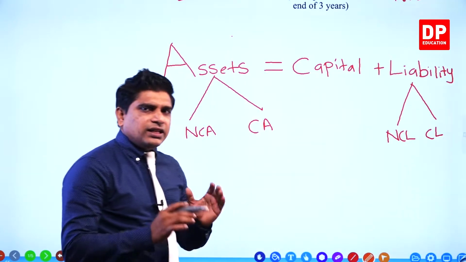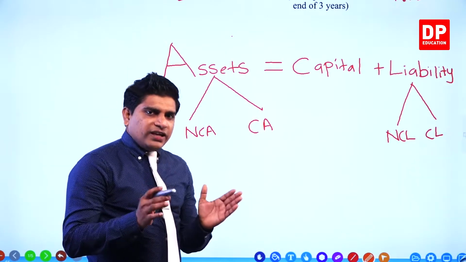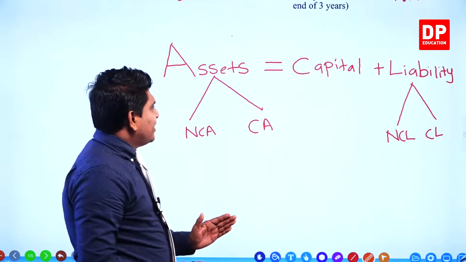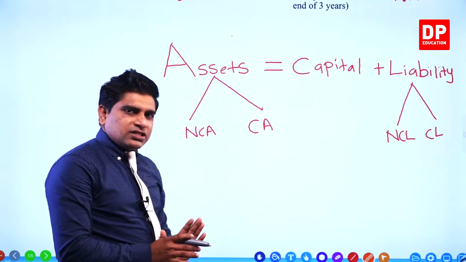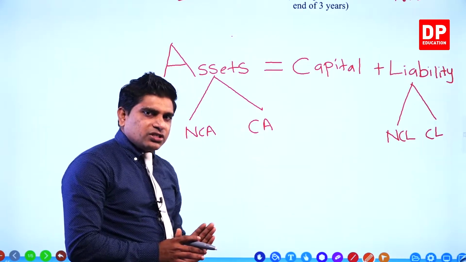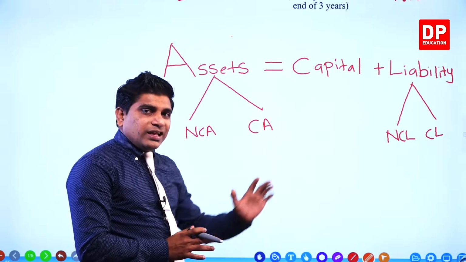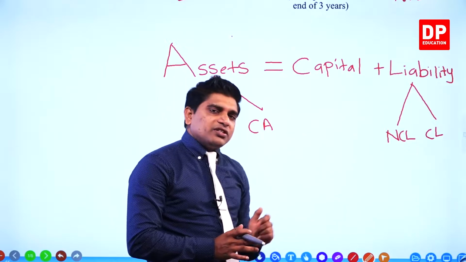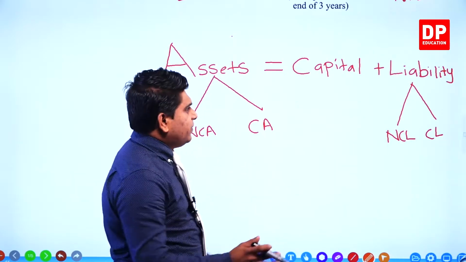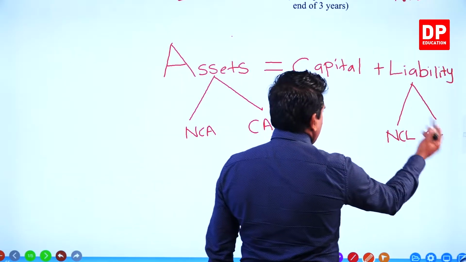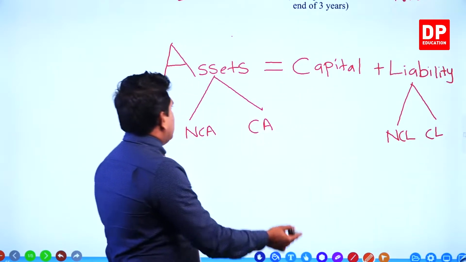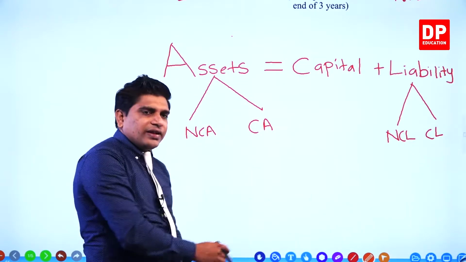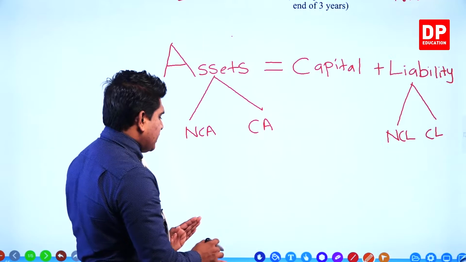The final thing is that the value of your total assets should be equal to the capital value plus the liability value of the business. Liability we classify into non-current and current, and assets also non-current and current. That is the basic theory.